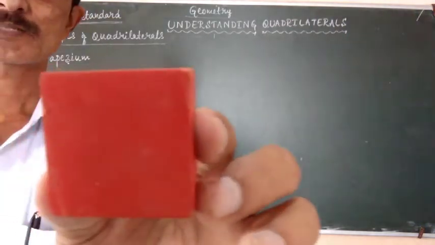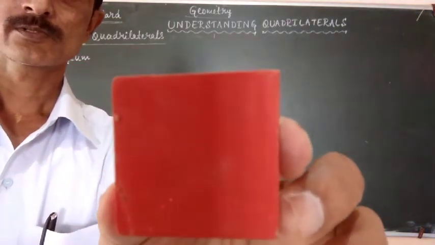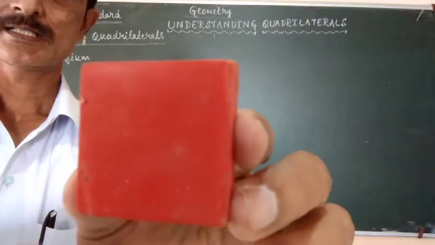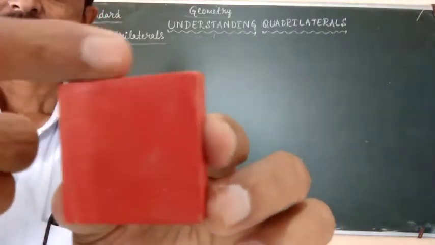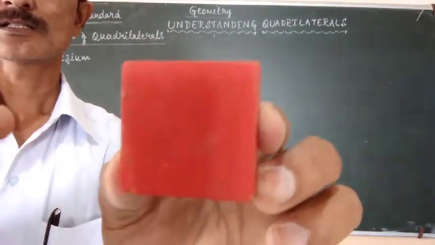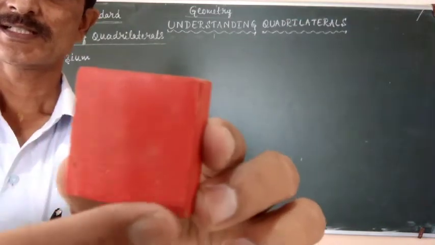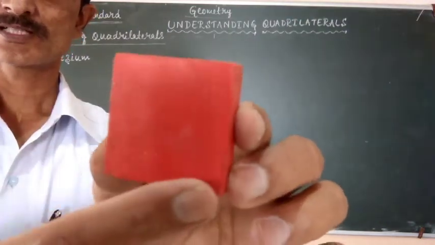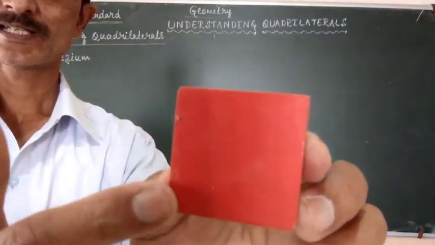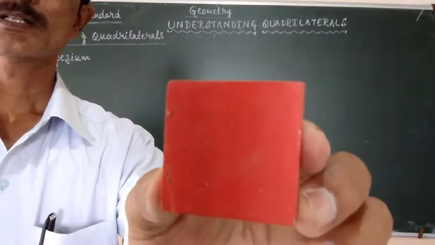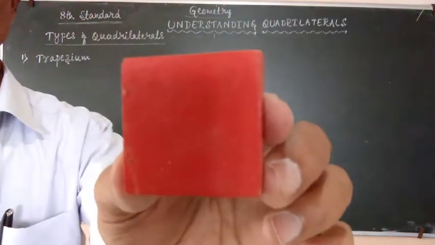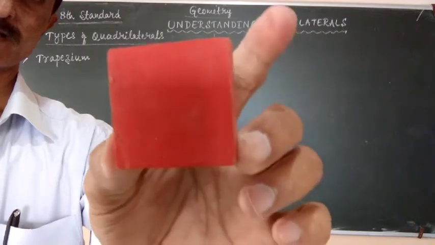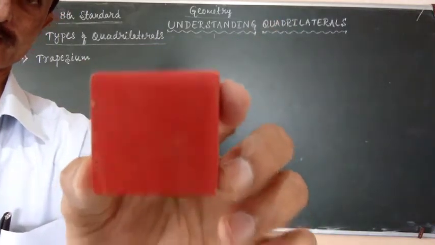What do you call this plane figure? Observe clearly. All 4 sides are equal and all the angles are equal to 90 degrees. Therefore, it is called a square.